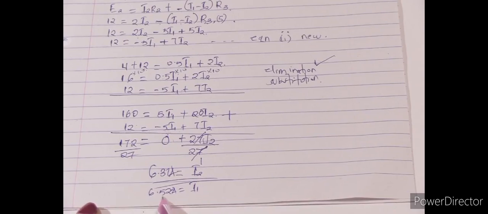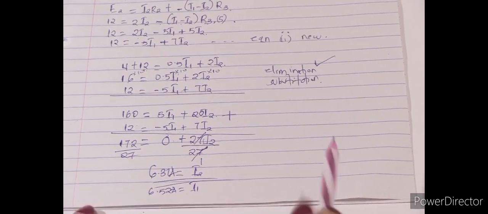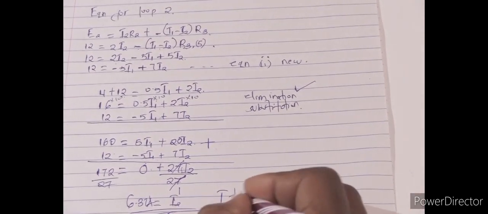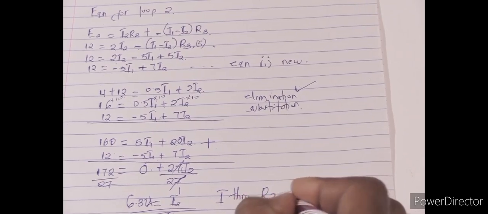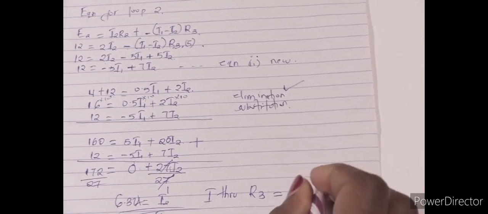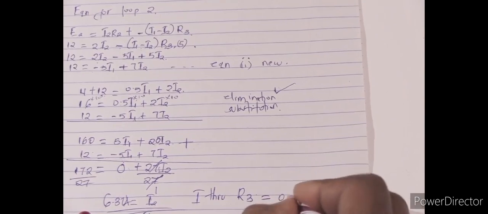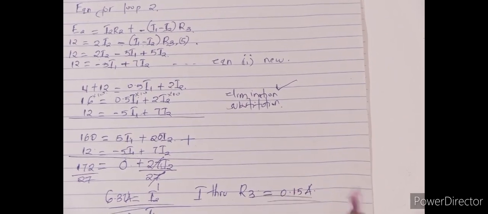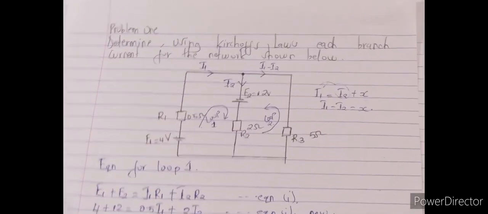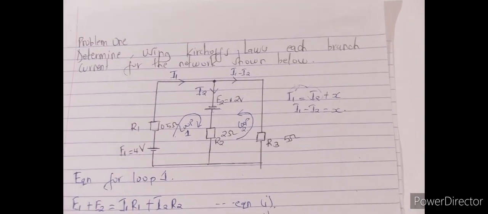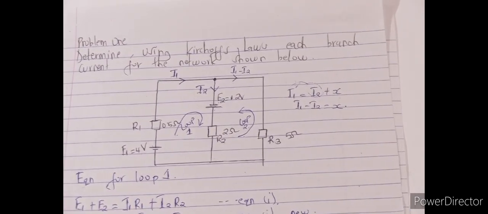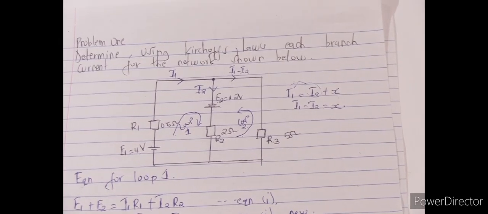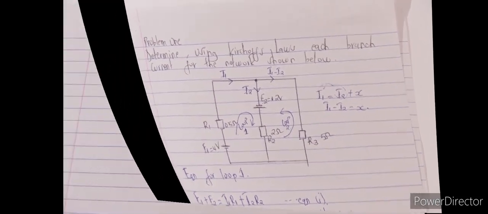So I1 equals 6.52 amperes. And the current flowing through R3 is equal to 0.15 amperes. So that is how you solve this particular circuit by Kirchhoff's laws. So we have used both the current law and the voltage law.